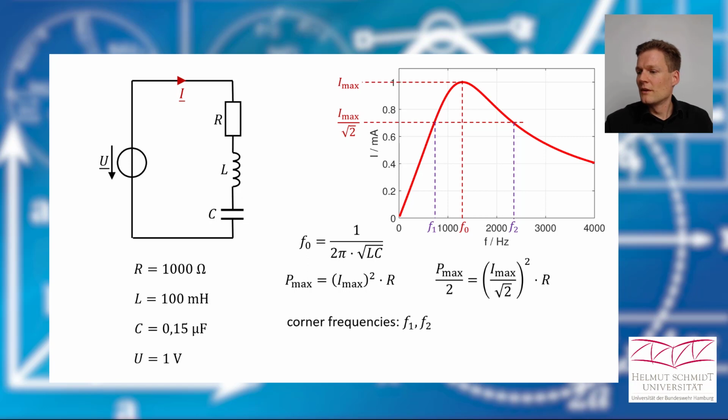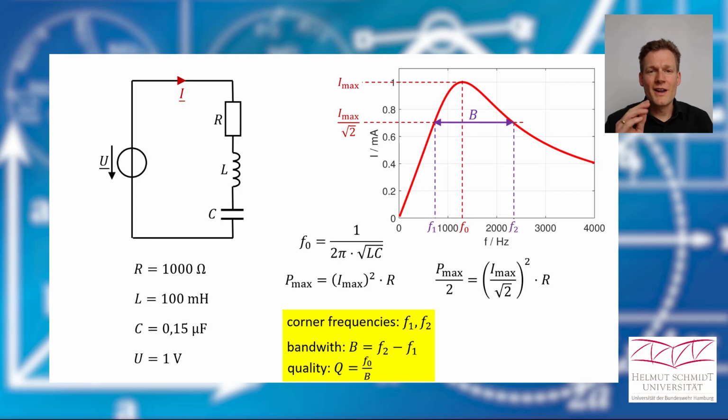So we call them corner frequencies, as I said, and the width between these two frequencies we call bandwidth. And then there is a third definition, the quality, and the quality is defined by the resonance frequency divided by the bandwidth.